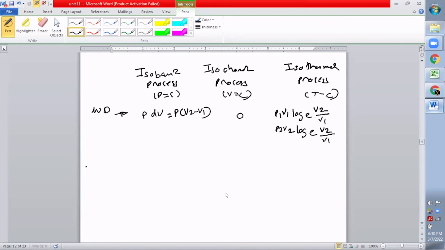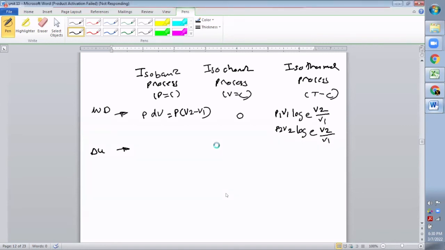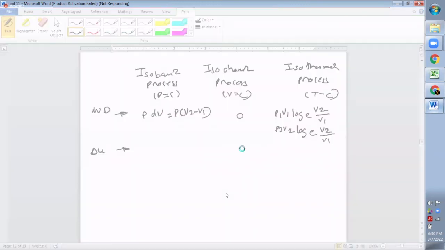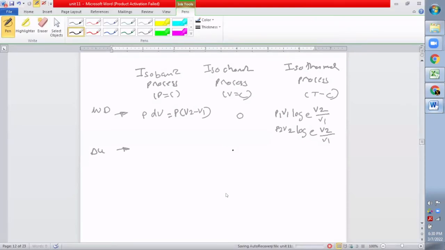Now the change in internal energy. Change in internal energy in the case of the constant volume process is mCV delta T, or we can say it is equal to Q. So it is equal to Q, or mCV delta T, or mCV (T2 minus T1).